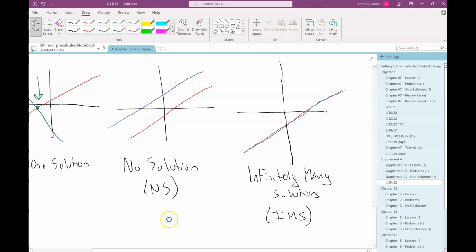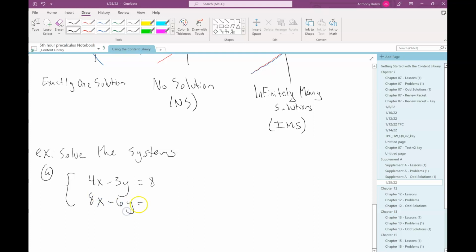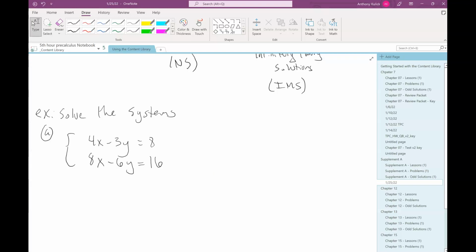Okay. So let's take a look at some more examples here for solving. So 4x minus 3y is equal to 8. And then 8x minus 6y is equal to 16. So just like before, I'm going to start by putting these in slope-intercept form.